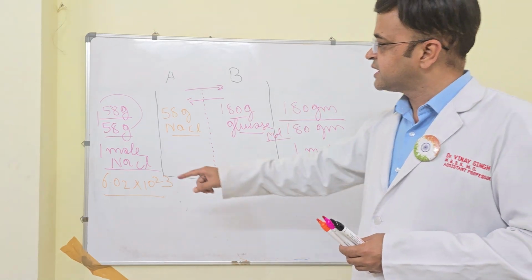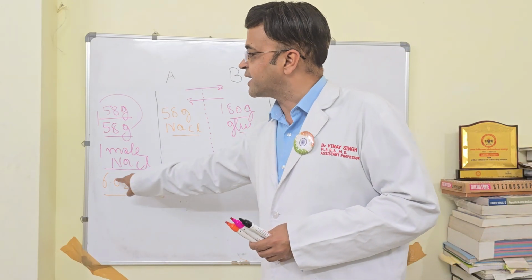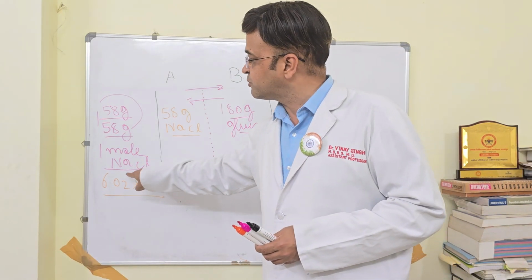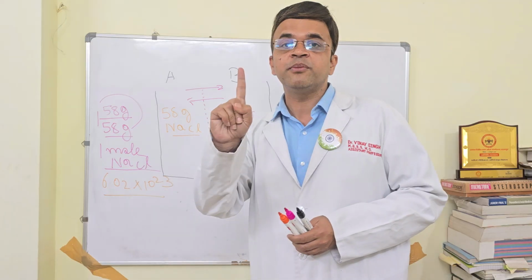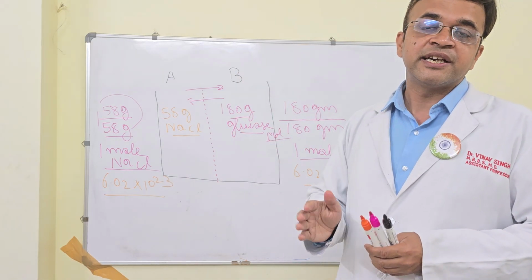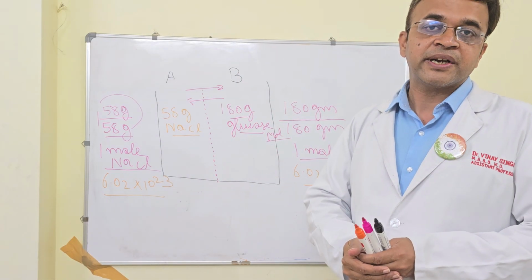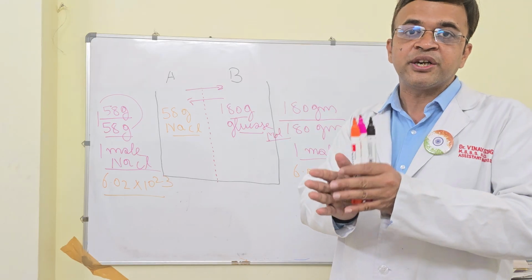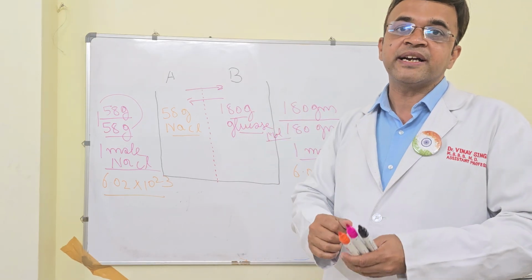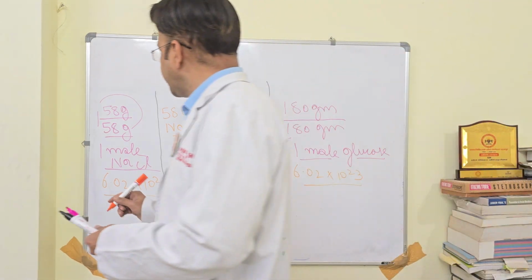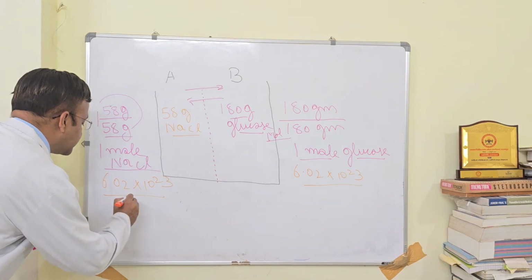What is the further twist? Sodium chloride won't remain as one molecule when it is dissolved. It is going to break down into sodium ion and chloride ion. So how many particles will you have now?